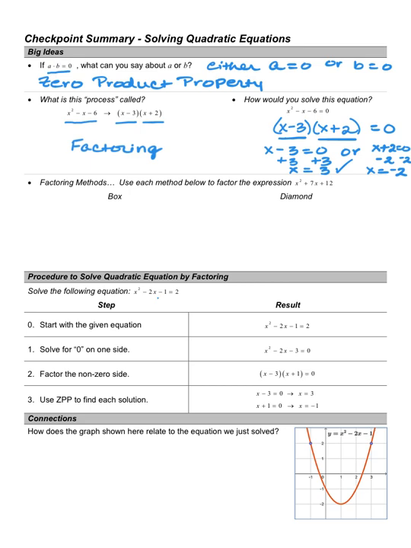Okay. How do we factor? Well, we use an area model, so the boxes, and a diamond problem. Okay, take a look at our next example, x squared plus 7x plus 12. Okay, this is using the area model in reverse. So we're going to start with our area model. We're going to break it up into 4 sections.